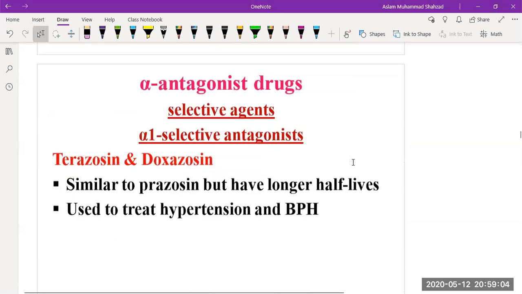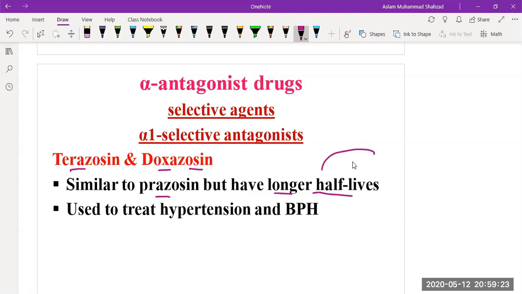Then we have selective agent alpha 1 selective such as terazosin and doxazosin, which have an effect similar to prazosin, but they have a long half-life. So the difference between prazosin and these drugs is the half-life of the drug.